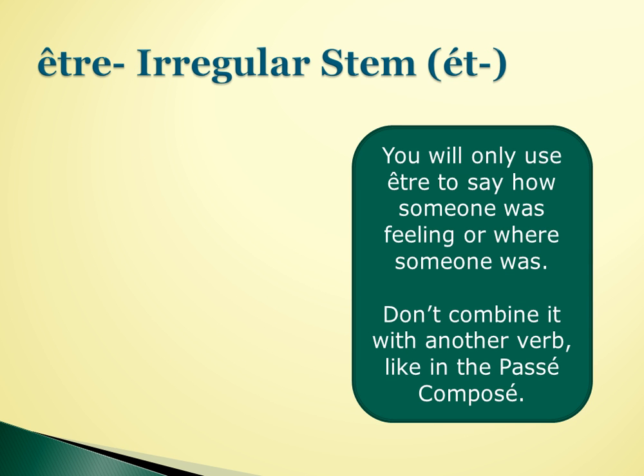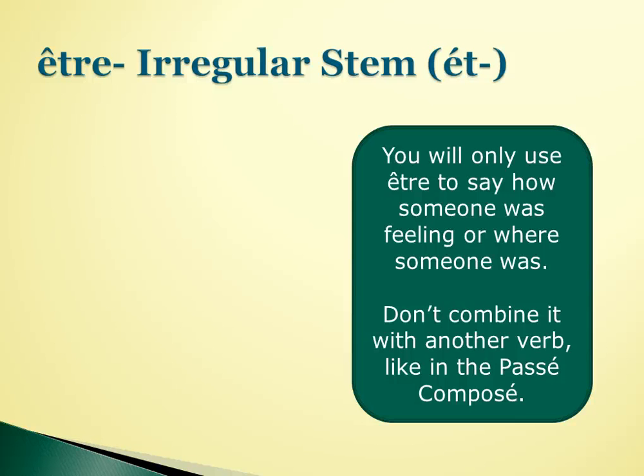All right, now être is the only irregular stem that we have in the imparfait. Okay, and this is just kind of a reminder for you, we only use être when we're saying how someone was feeling or where someone was or what their profession was a long time ago or something. We don't combine it with another verb like in the passé composé.